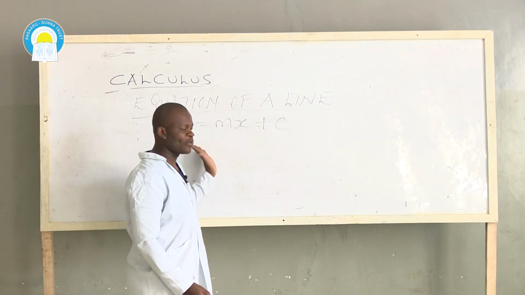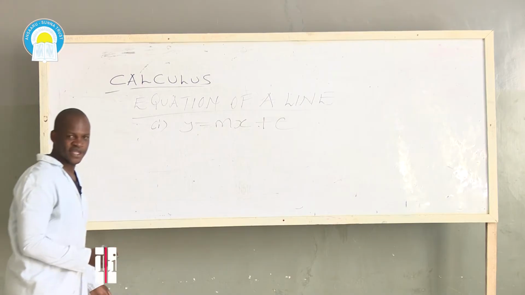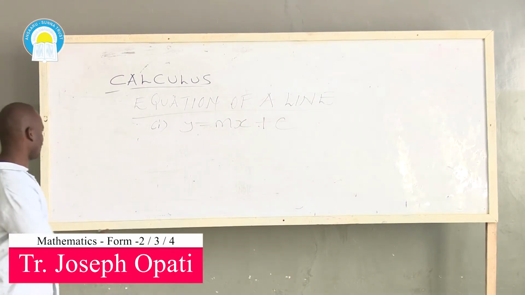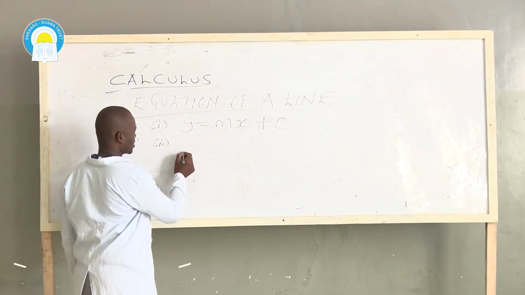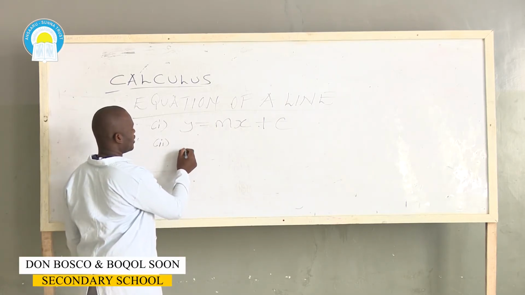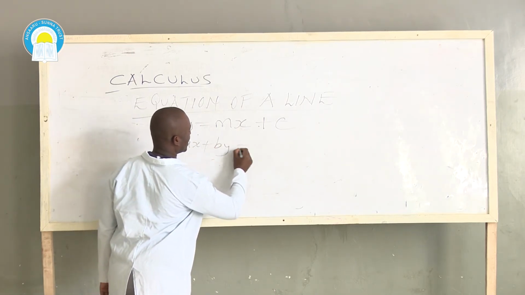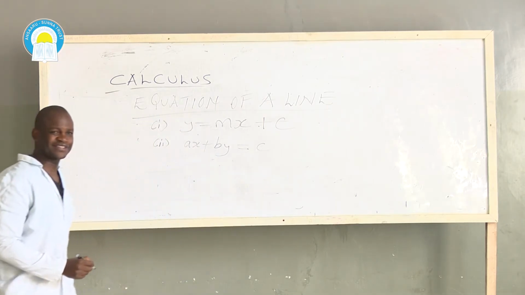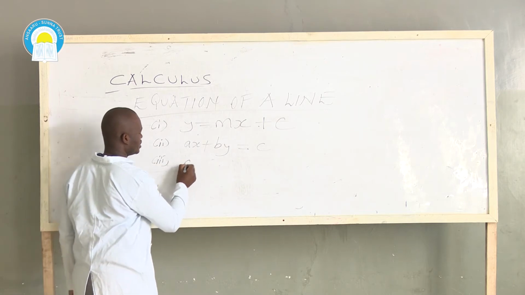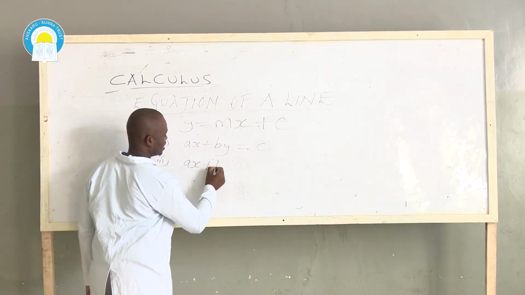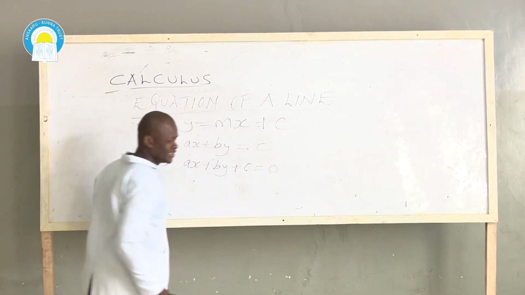But apart from this, we have other forms which the equation of a line can assume. Now, I want to give those forms quickly. The first form is ax plus by is equal to c. We have another form also here: ax plus by plus c is equal to 0.